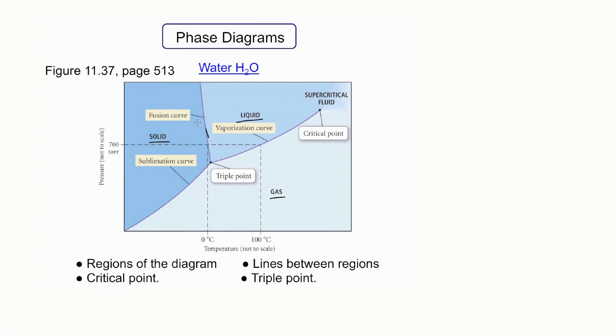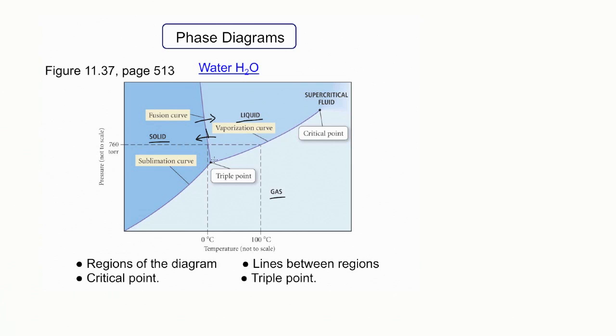And if you cross this line by going from solid phase to liquid phase, the name of the phase change would be melting. And if you go the opposite way, from liquid phase to solid phase, this is freezing.